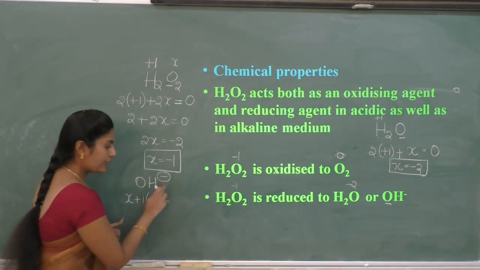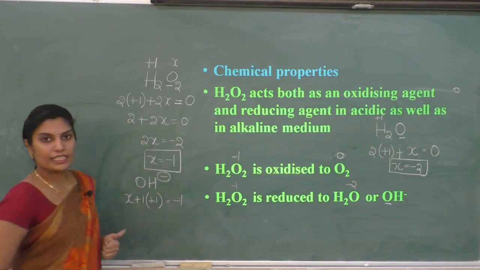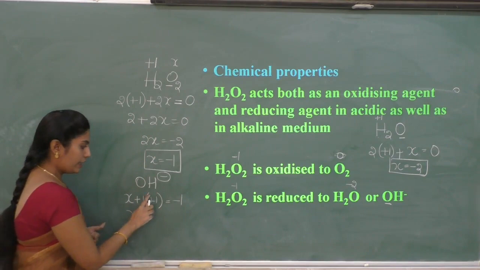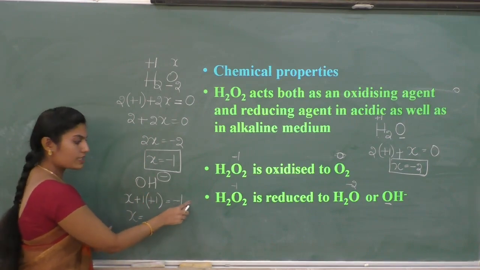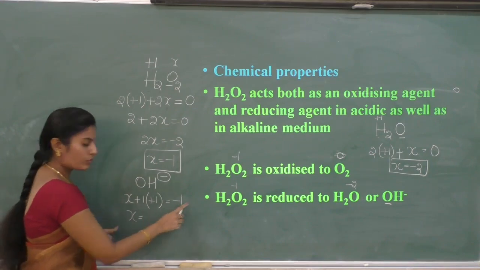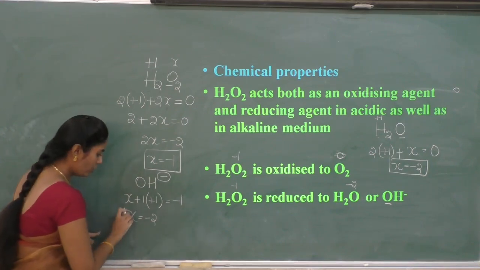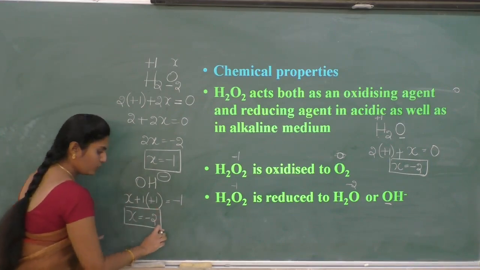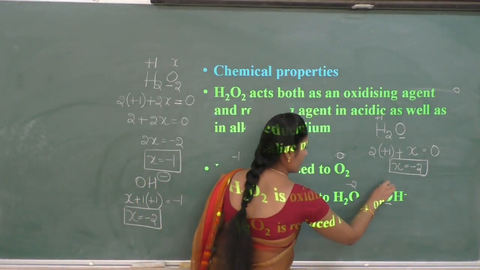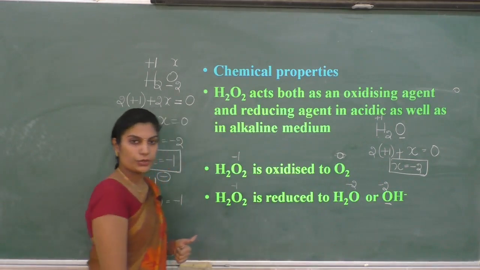The charge is equal to -1. This one comes to this side, which means it is equal to -1. So -1 means x is equal to -2. Clear? Here also the oxidation state is -2.